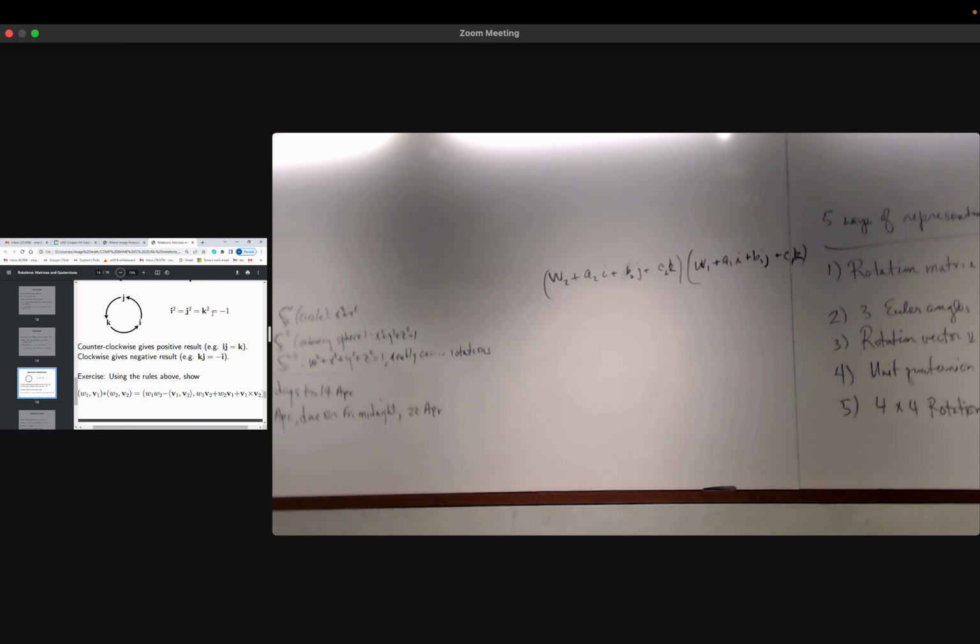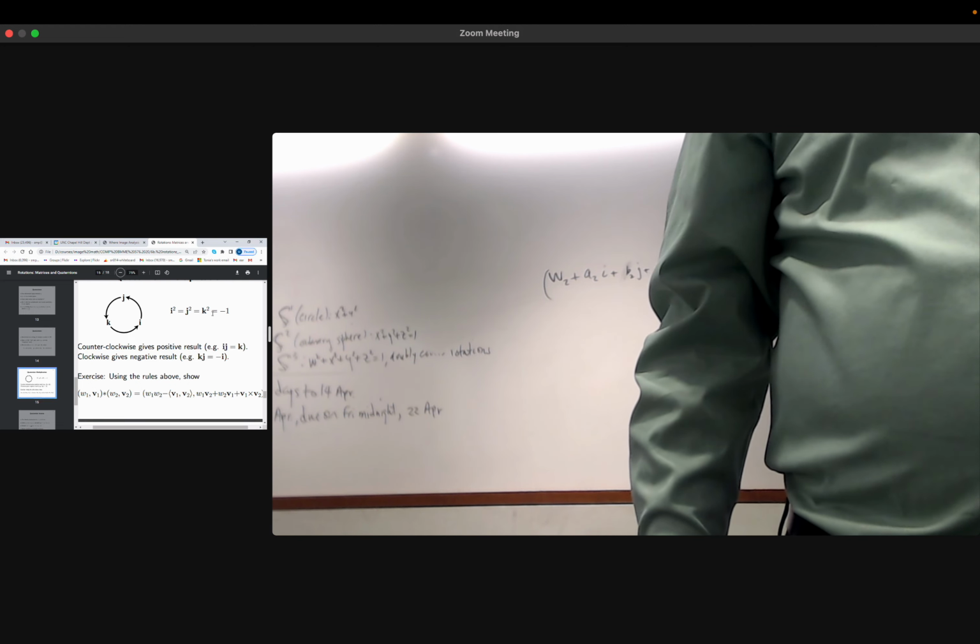There's this little circle that you remember, in order i, j, k. So i goes to j, j goes to k, k goes back to i, right? That's this little circle. And when you multiply i times j, it gives you the next thing around the circle. i times j is k. And j times k is i. And k times i is j. Right?